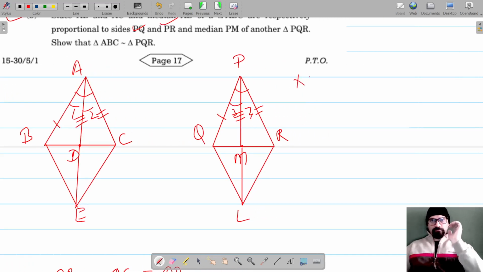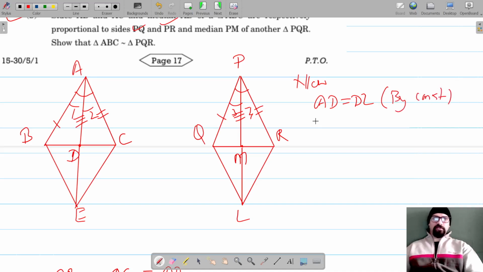Okay, now AD is equal to DE by construction. And BD is equal to DC because AD is a median, or D is a midpoint.